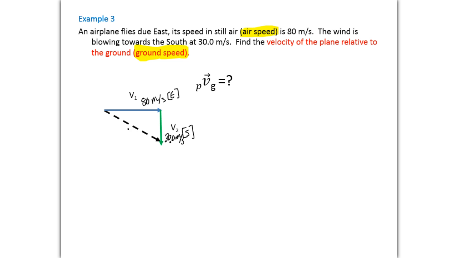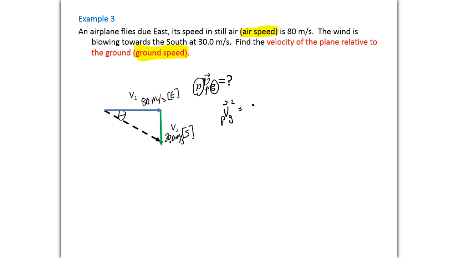So again, do your vector addition here. So we need to find the velocity of the plane with respect to the ground. In order to do that, we have to use Pythagorean theorem, and I'm going to stop here now and let you folks work it out.